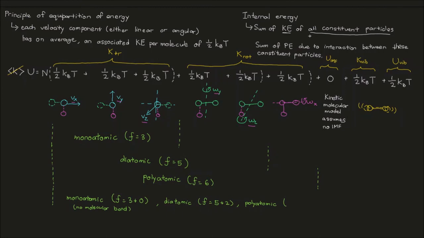So if more than one, then you can unlock the vibrational kinetic energy and potential energy. So the degree of freedom will be 6 plus 2. Okay, all this can only happen at very high temperature.